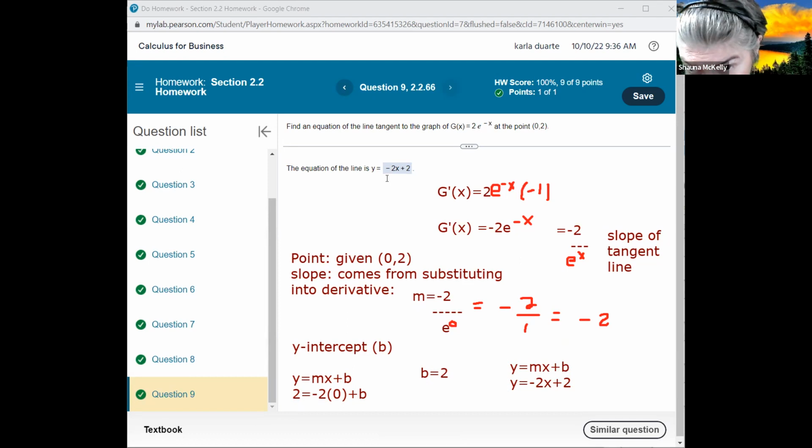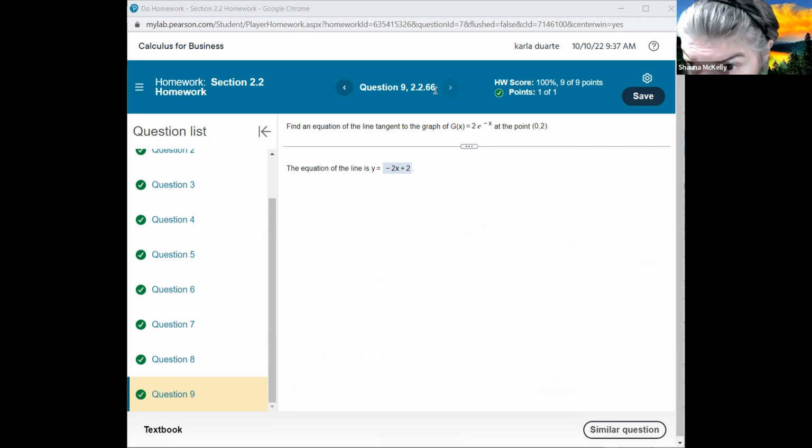Okay, I hope that helps with that piece of the equation. So I'm going to go ahead now and clear my drawings, and we'll go into the next question. I'm going to stop this share for a second and go into the work.